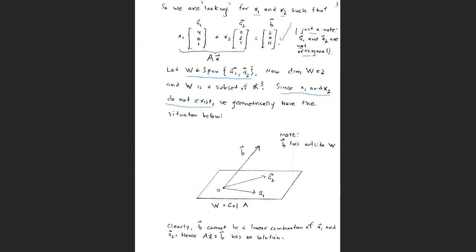So W is the column space of the matrix A. The dimension of this space W is 2. It's a two-dimensional subspace of R3 because the vectors live in R3. Since x1 and x2 don't exist, we geometrically have the situation below.